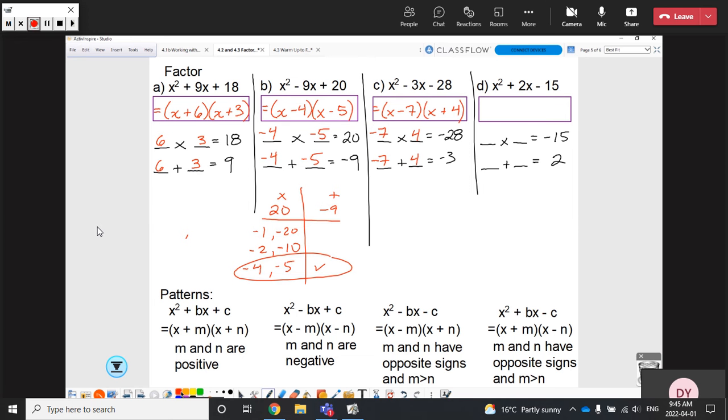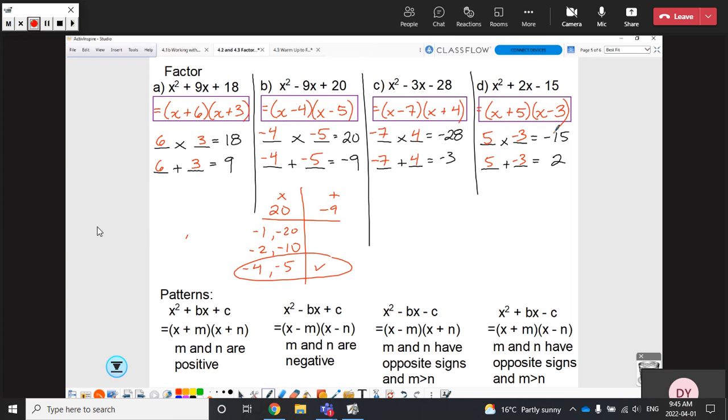Positive 5, negative 3. Now, I feel like the trick is always start with the multiplying one. For whatever reason, that makes me feel a little bit at ease when I do that. X plus 5, x minus 3.